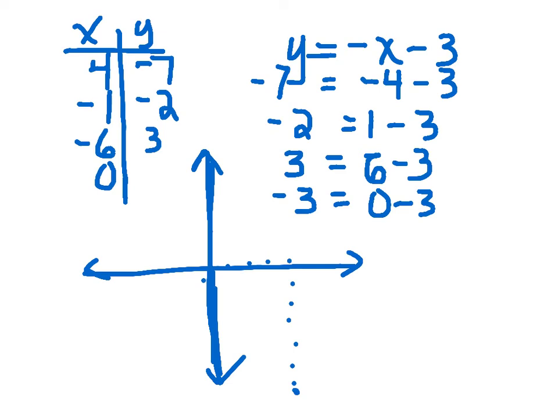We've got (-1, 2) about here. (-6, 3) is about here. So you get the idea of this line. 0, we said, was negative 3, so we know it's crossing here.